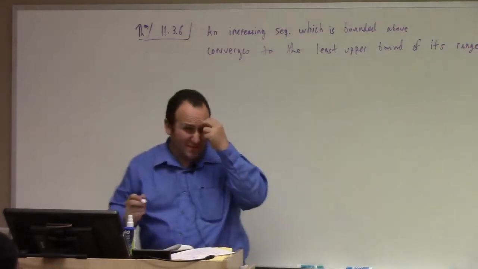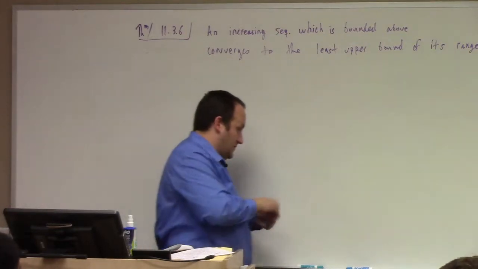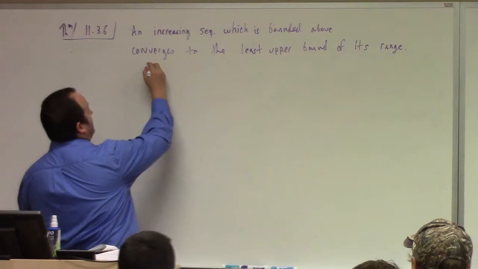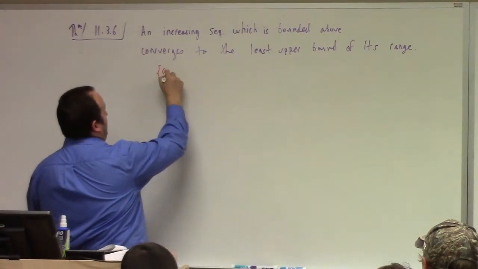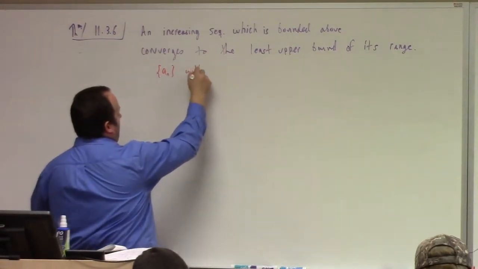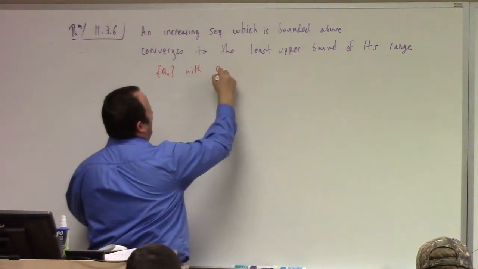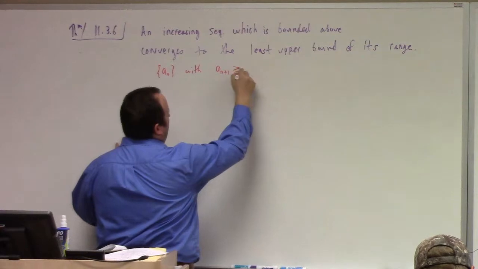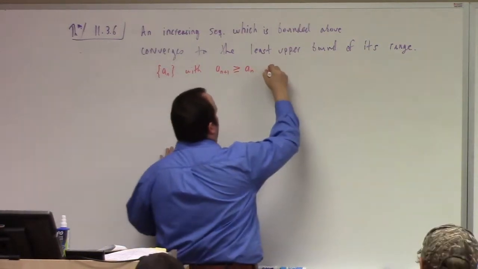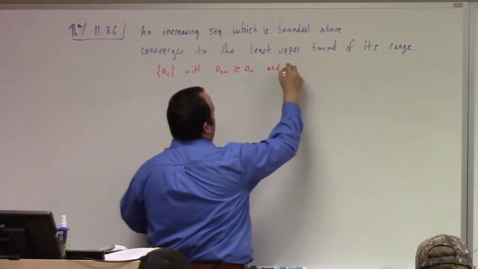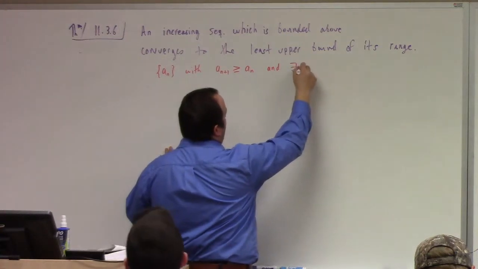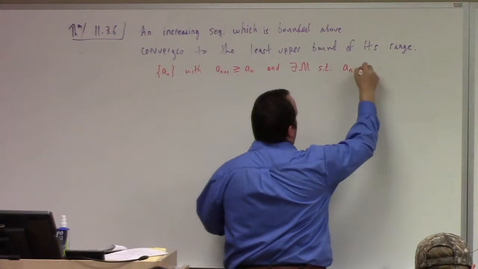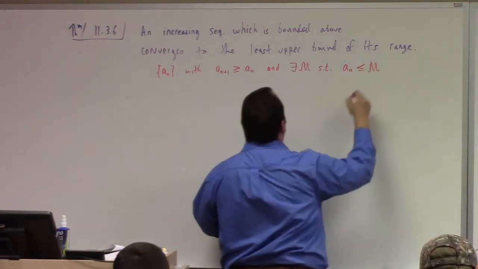Let me be a little bit more symbolic about that. So what we're saying is we've got a sequence a sub n with a sub n plus 1 greater than or equal to a sub n, and there exists some m such that a sub n is less than or equal to m.